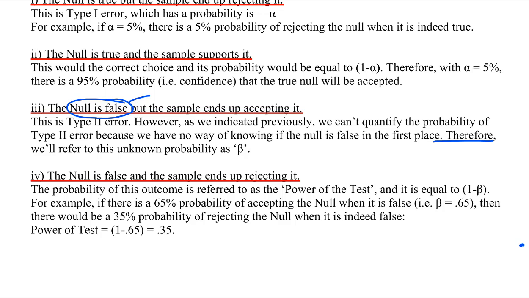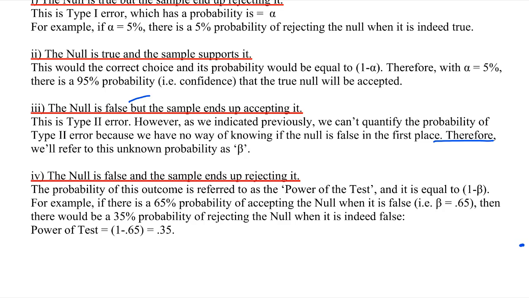So let's assume that the probability, and that's why we say that it's an unknown probability. So let's identify that as equal to beta, because again, if you don't know what the true population value is, we don't know if the null statement is true or false.